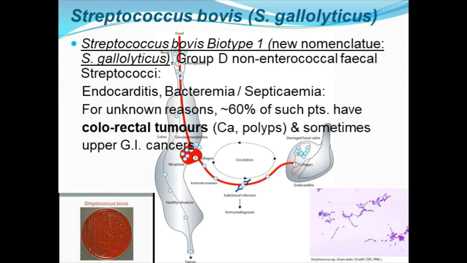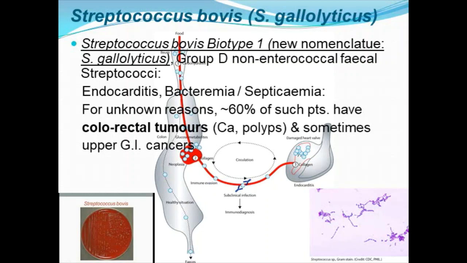Next bacterium is Streptococcus bovis. A subvariant of it is Streptococcus gallolyticus. It's a subspecies: Streptococcus bovis biotype 1, the new nomenclature of which is Streptococcus gallolyticus. It's a group D non-enterococcal fecal streptococcus.